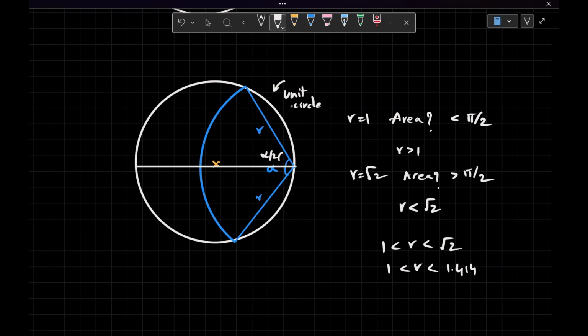We know that any chord placed in a semicircle will always make a right angle to either end of the circle.